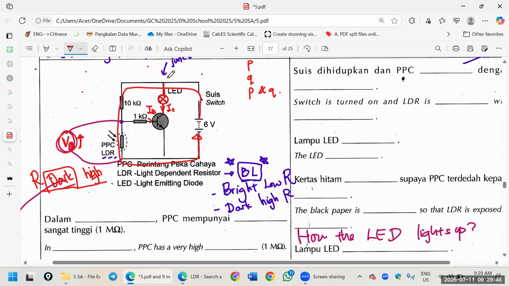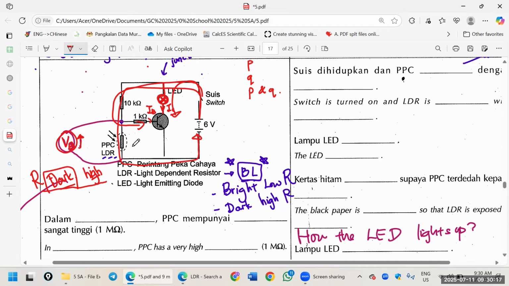So it won't go into the base, won't switch on. So the transistor is not on, and the LED doesn't light. Yes, because no IB, no IC. Low means lower than this, the current comes back, so no light. You must switch the current in B, then only C flows, then only this lights up.